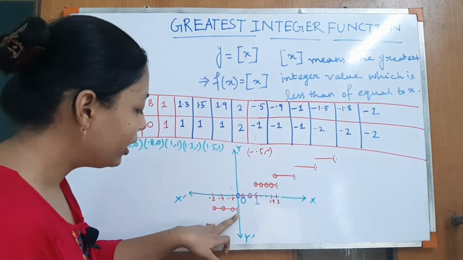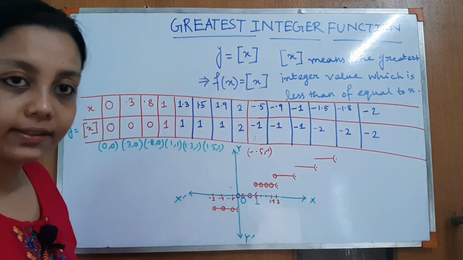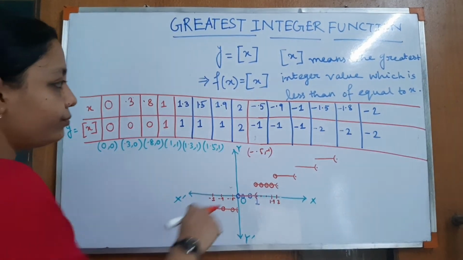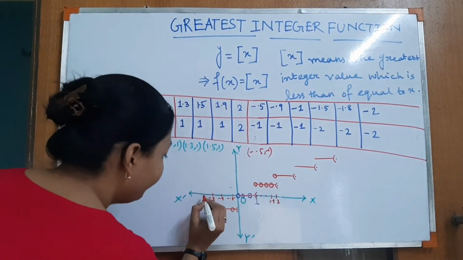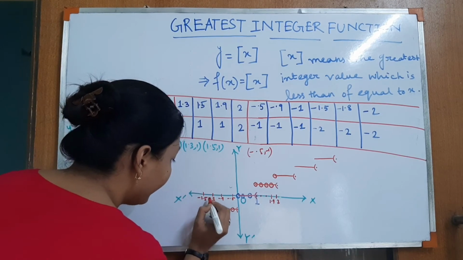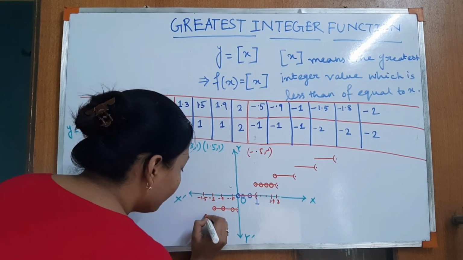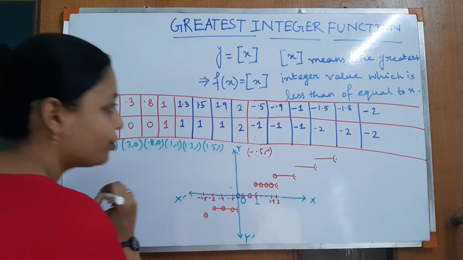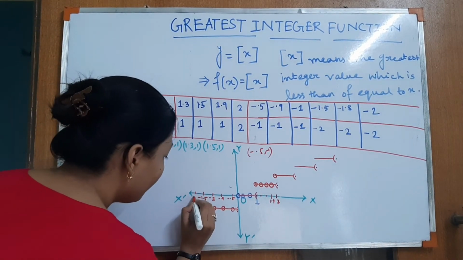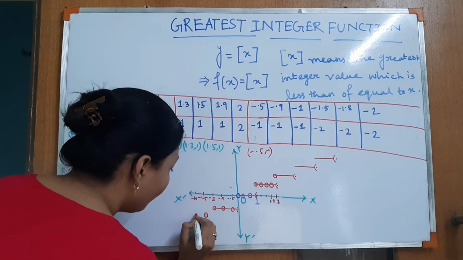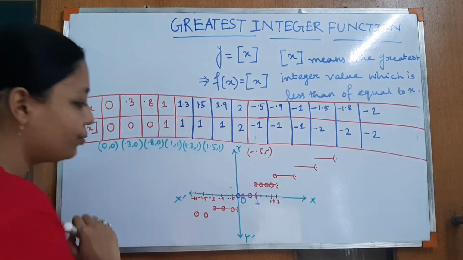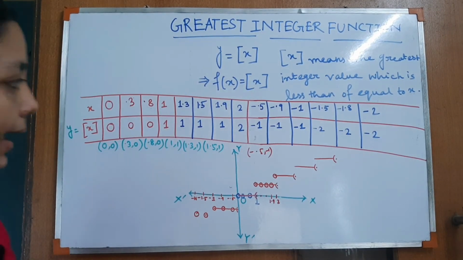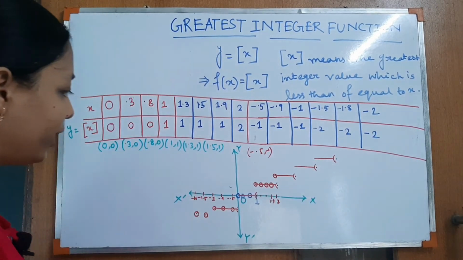So, it does not touch this negative y axis, okay. Now, for minus 1.5, if we take a point minus 1.5, we give minus 2. For minus 1.8, we also get minus 2, okay, and for minus 2 we also get minus 2.